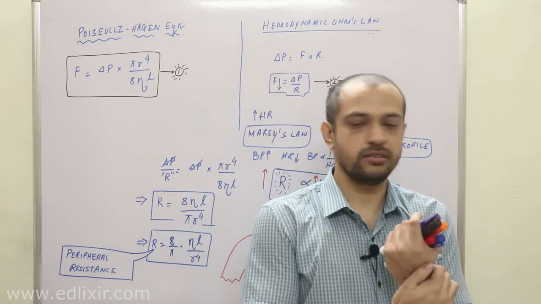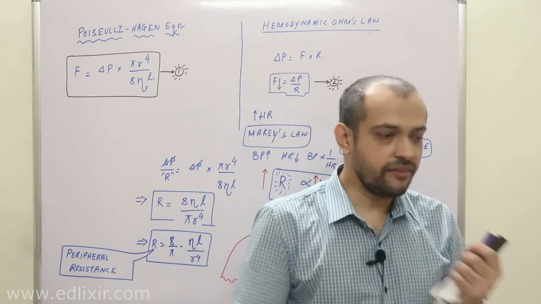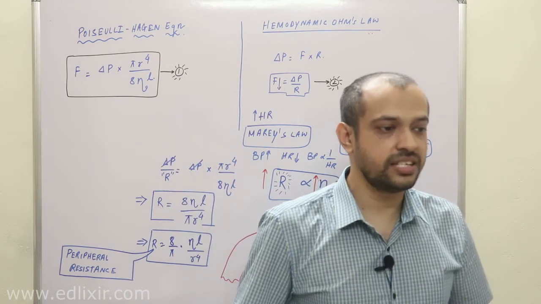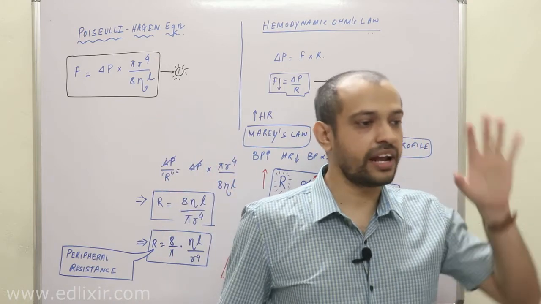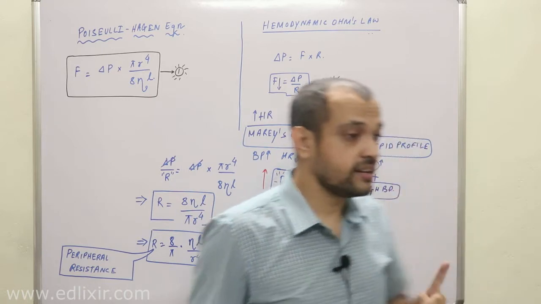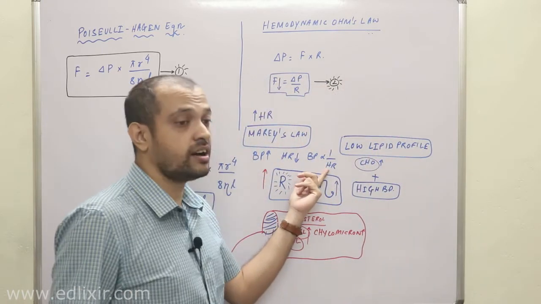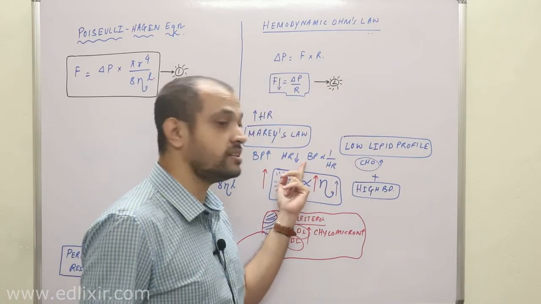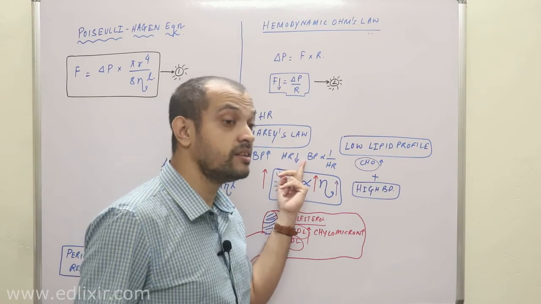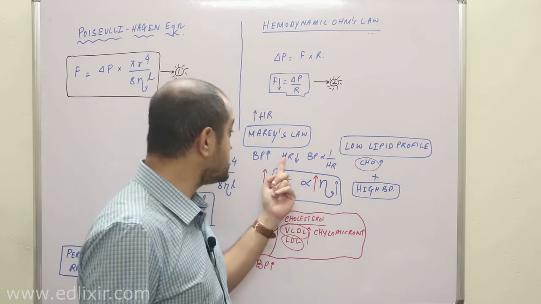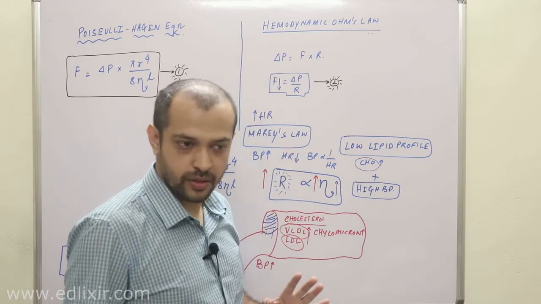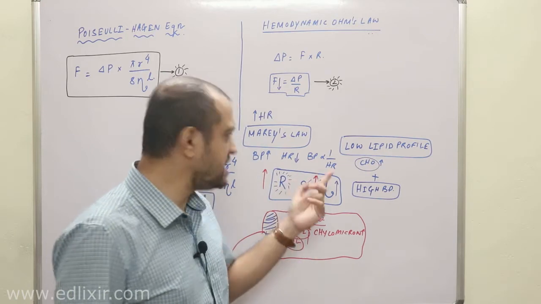If you check his or her heart rate, and it is less than 72, suppose 60, then you can be sure that when his or her heart rate is low, his or her BP is high. Now, Mary's law holds good most of the times, but in many cases it also fails.